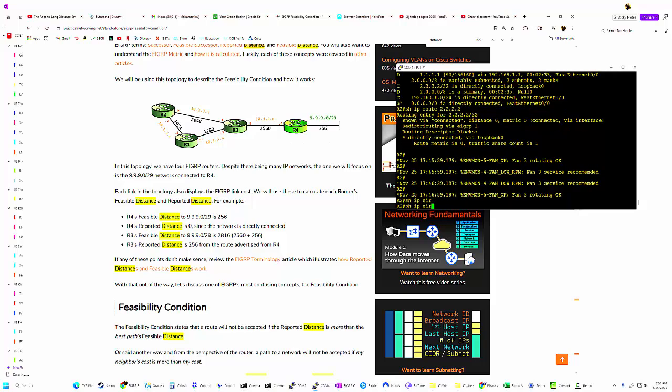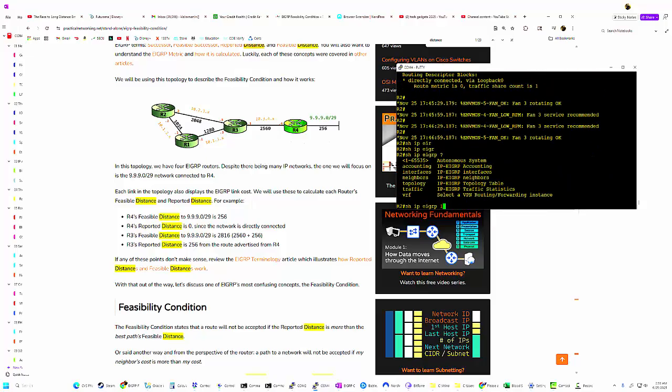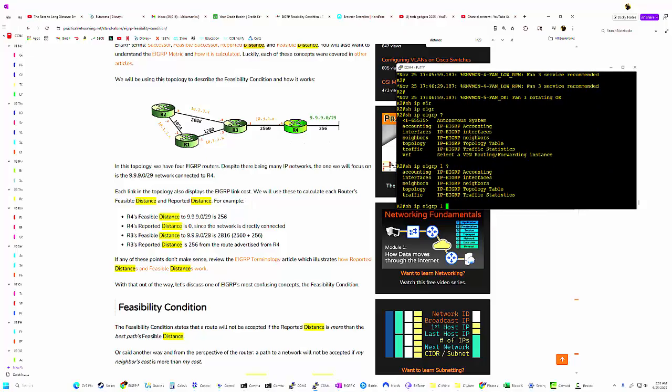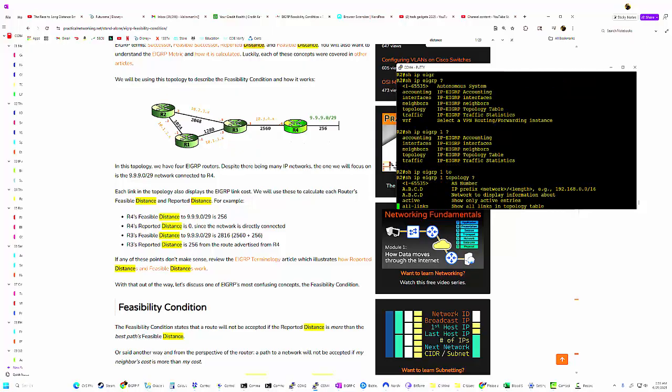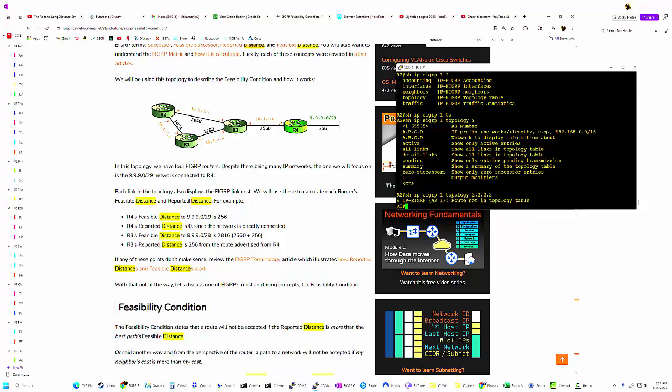All right. So how do we find out what that feasible distance is? And you know what? Show IP EIGRP 1 topology, and let's take a look at the route. 2.2.2.2.